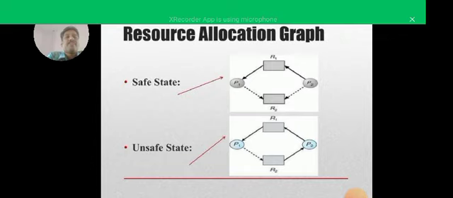Resource allocation graph. In this picture, safe state is explained. That means requesting the resource if it is available, and resource 1 is already allotted to P1.